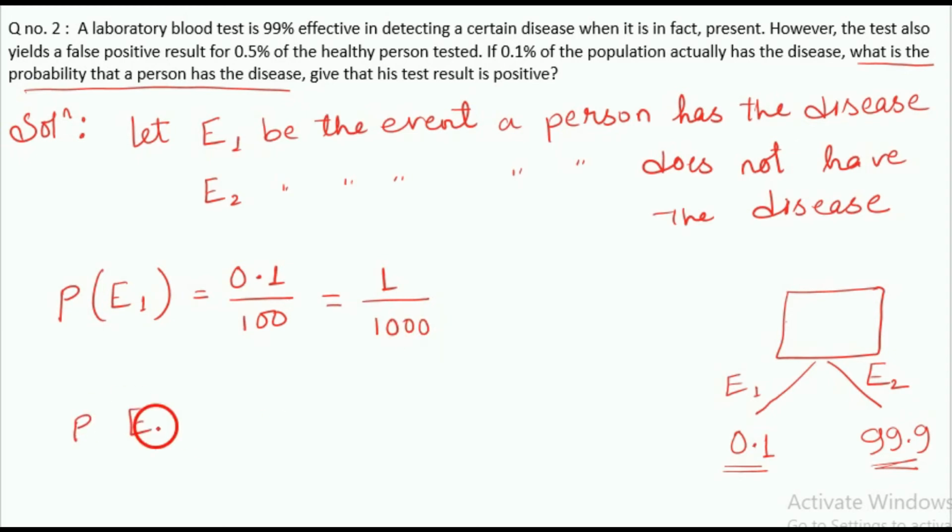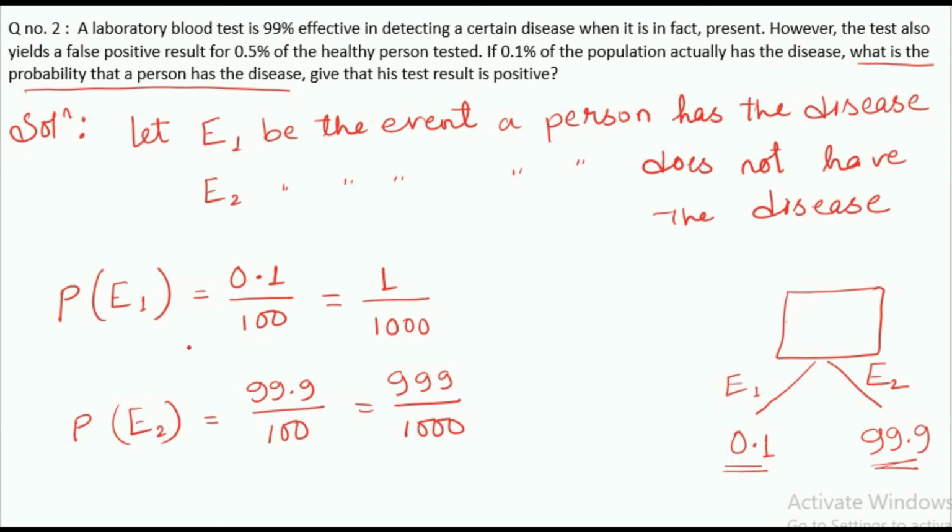Probability of E2 is 99.9%, divided by 100. How did I get 99.9? I subtracted this from 100, because we have 100%. So this is 999 by 1000. These are the people that have the disease, 1 out of 1000, and 999 out of 1000 are not having the disease. I hope this is clear.